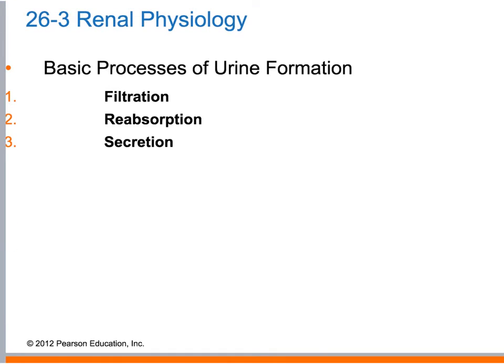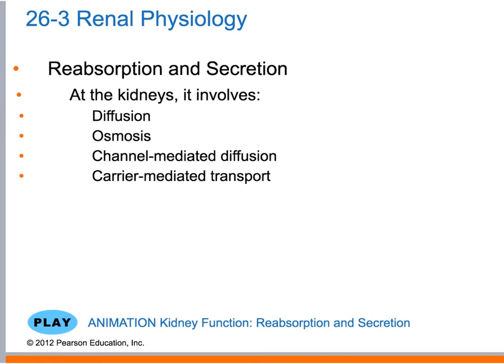The process of urine formation has 3 steps: filtration, reabsorption, and secretion. Reabsorption and secretion starts at the kidneys and it involves diffusion, osmosis, channel-mediated diffusion, and carrier-mediated transport.